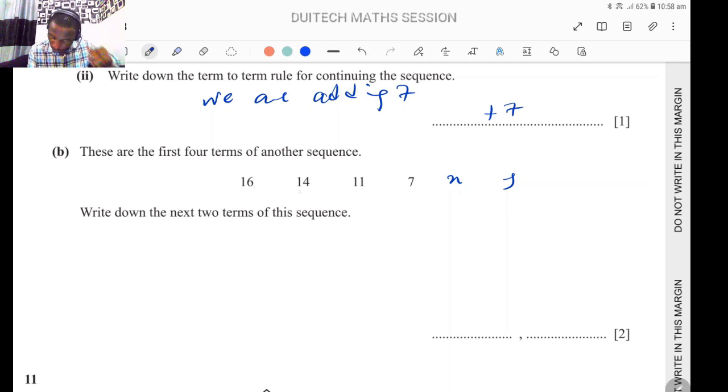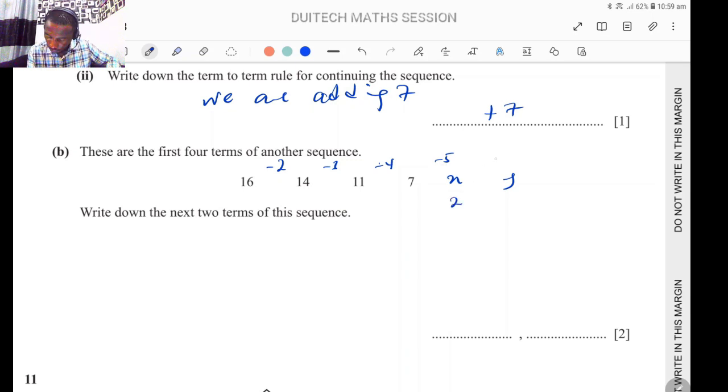That means in this sequence, to get the next number, I have to subtract 2 from the previous one. Minus 2 gives us 14. Minus 3 gives me 11, because 14 minus 3 is 11. 11 minus 4 gives me 7. 7 minus 5 gives me 2.